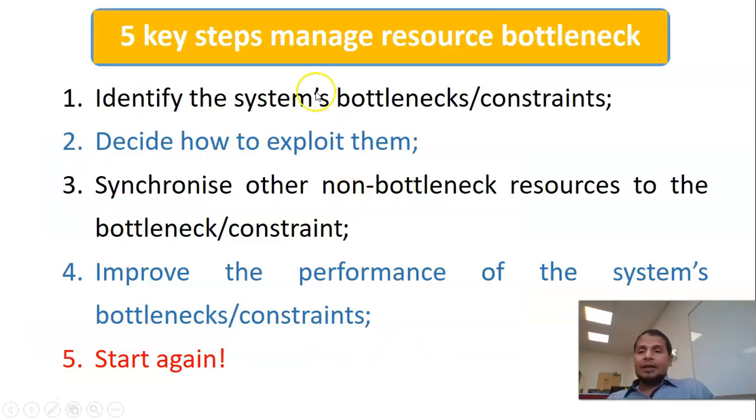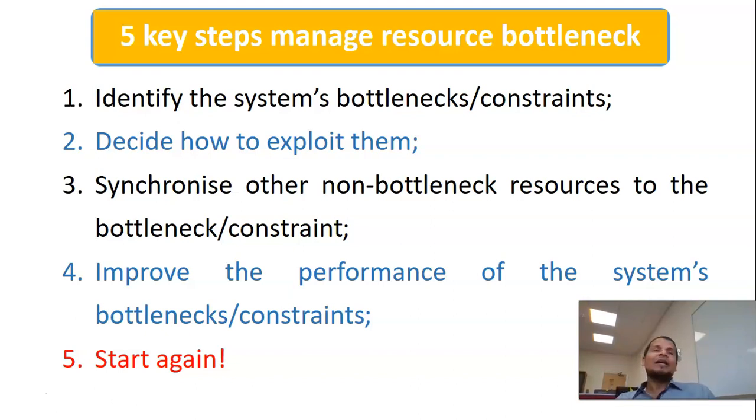Okay, so there are 5 key steps in managing bottleneck resources. How can we identify a bottleneck resource, or resolve the issue of a bottleneck resource? The first job is to identify the system's bottleneck or constraints. What's the problem that we need to identify first? What are our limitations?